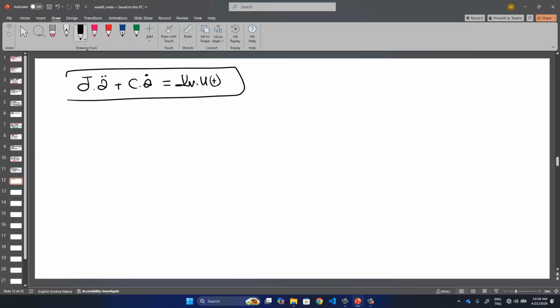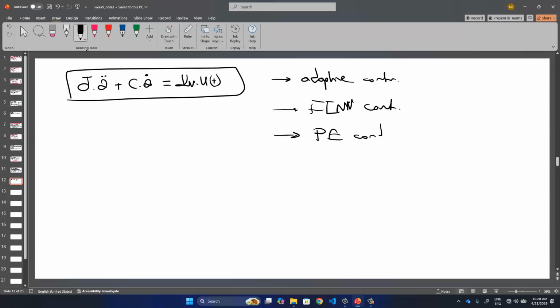This is your condition, and design the adaptive controller, design the FLNN controller, and prove it, and also the PE conditions with NN. This is your homework. Okay?